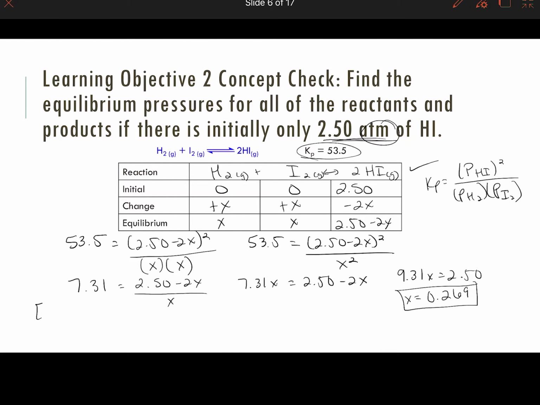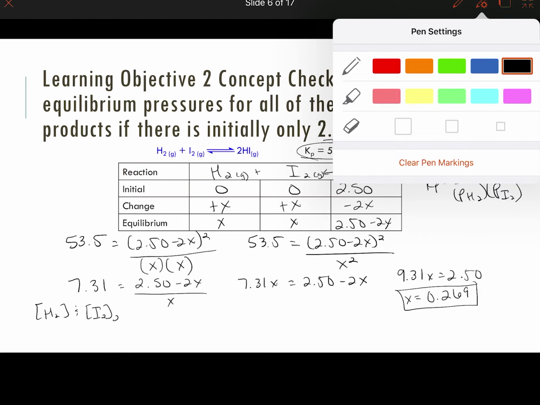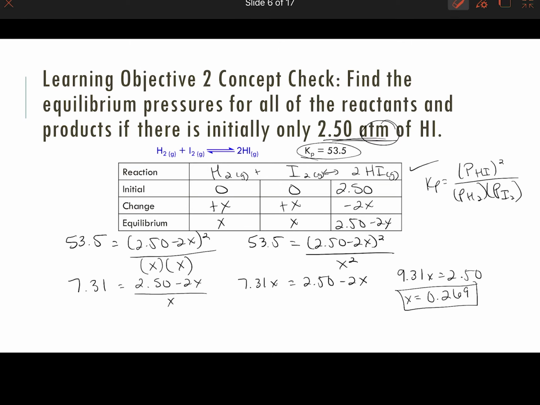So the partial pressure of H2 and the partial pressure of I2 are both equal to x, so they're both equal to 0.269 atmospheres.